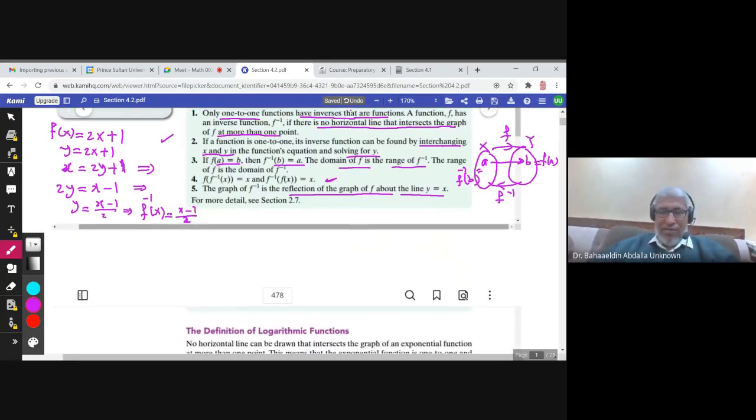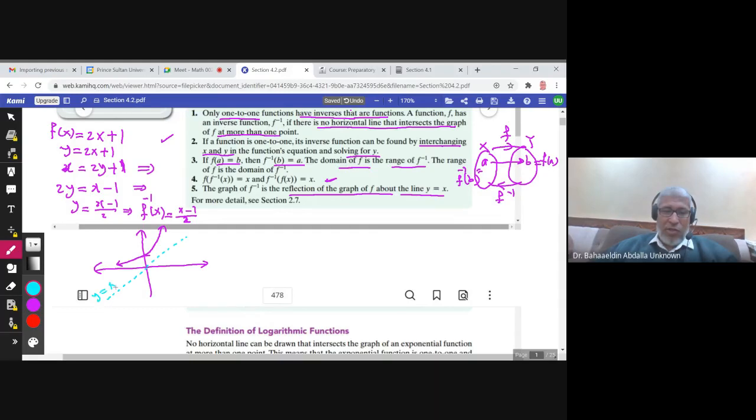For example, we have seen that the graph of the exponential function when b is greater than 1 is this function. The line y equals x is this line.